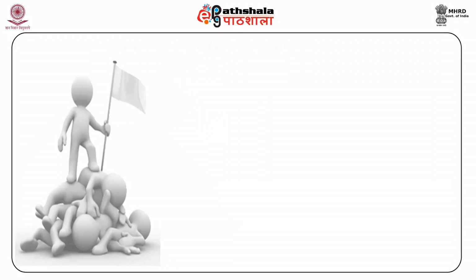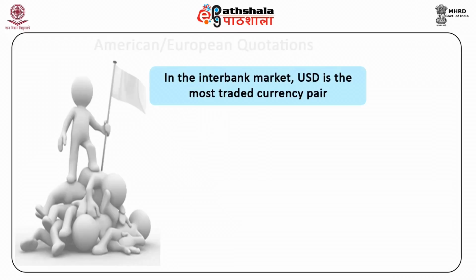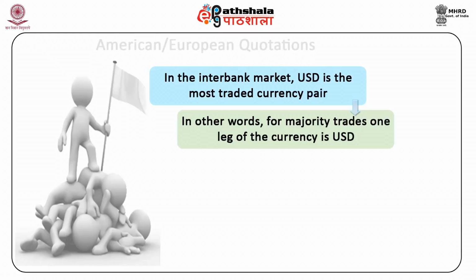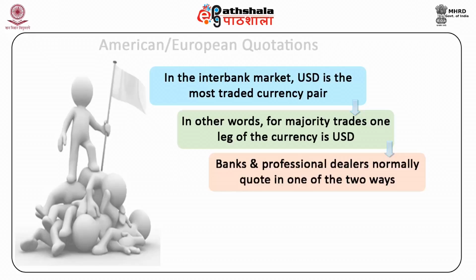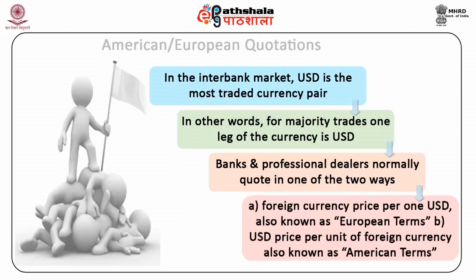Second one is American or European quotation. In the interbank market, USD is the most traded currency pair. In other words, for the majority of trades, one leg of the currency is USD. Banks and professional dealers normally quote in one of the two ways. That is, A. Foreign currency price per 1 USD, also known as European terms.